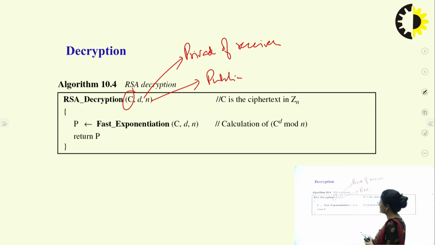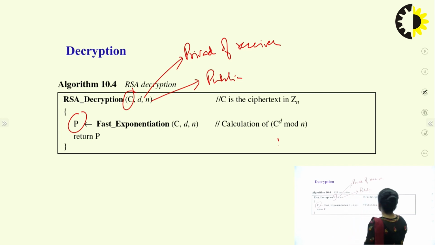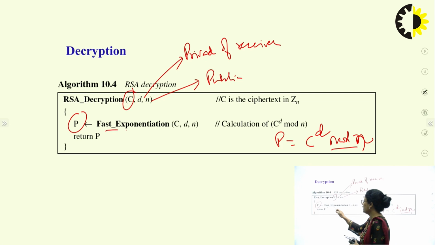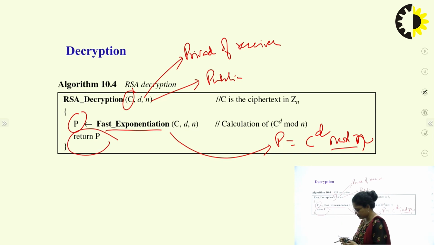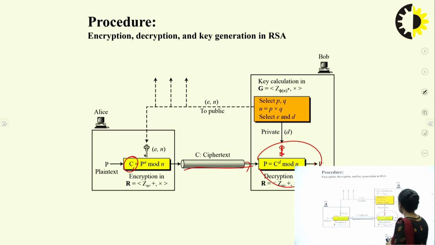So at the receiver's end, the plain text is calculated by using the equation C to the power D mod of N. To do the calculation of this mod of N, we can do it through a normal loop process, or you can go for an algorithm called fast exponentiation. It does the same thing basically. Once this algorithm is completed, we return the value of P.